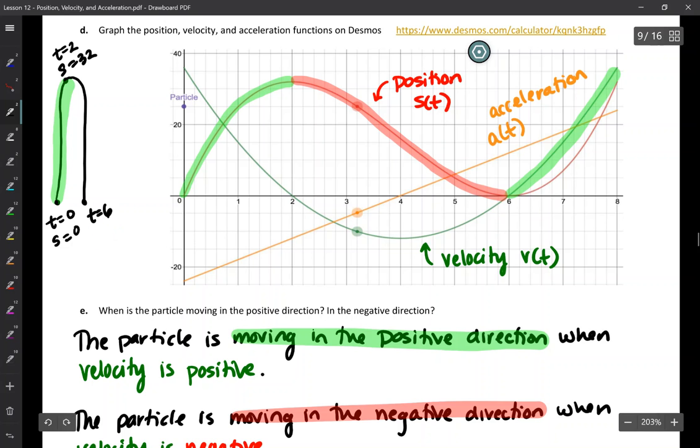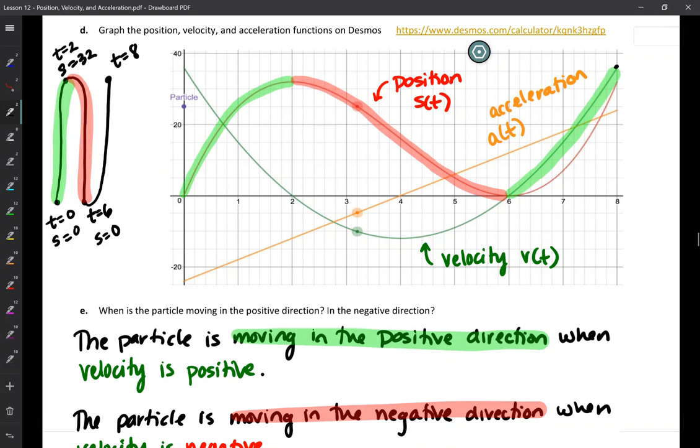And then what does my particle do? It comes right back up to the height of 32 at time t equals 8 seconds. You can plug 8 into your position function and get that your position is 32.